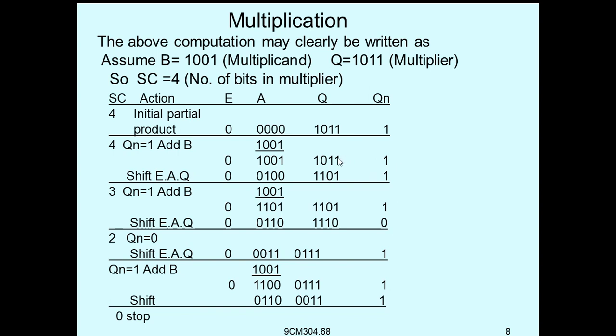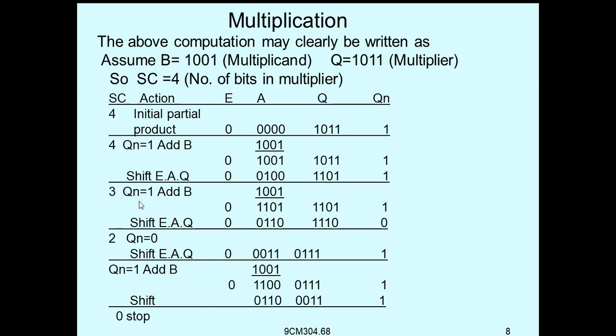Here we have to perform the shift right operation of EAQ. So this one comes here 1, and this is 0, and this is 1, and double zeros come here, and this 0 comes here. Once again E was set to 0. Then decrement the SC.